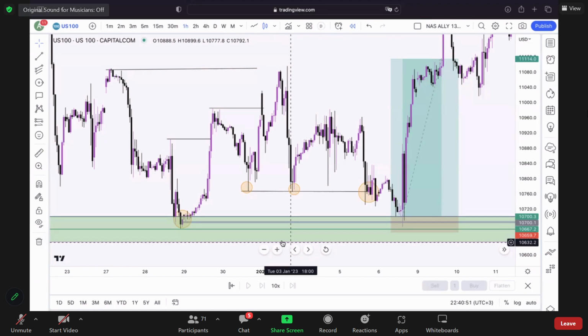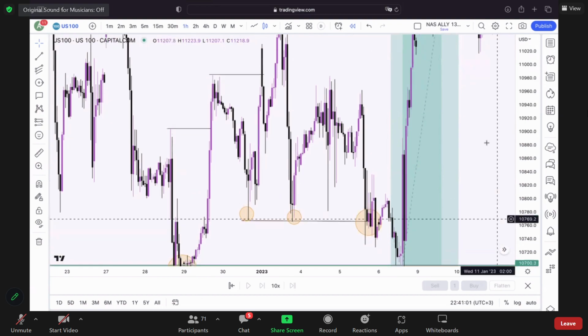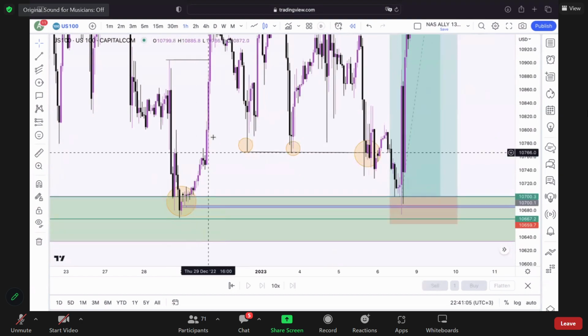Which one are you speaking of? The one you've showed us, that one over here. They've left that one and then they kept on going up. If you check the candle in the middle, they've left a gap in between, right?